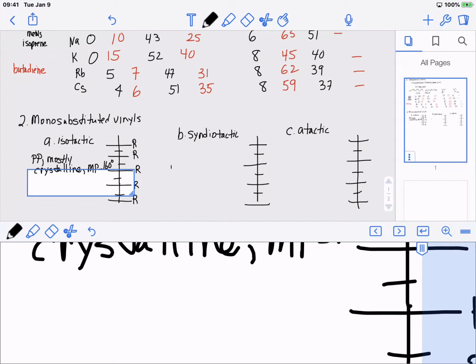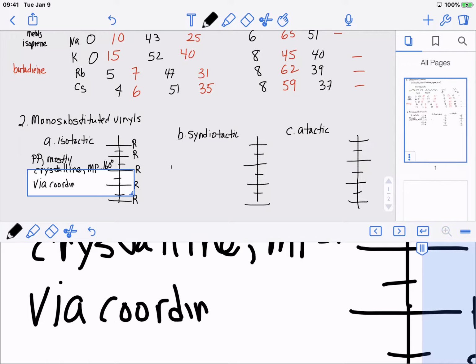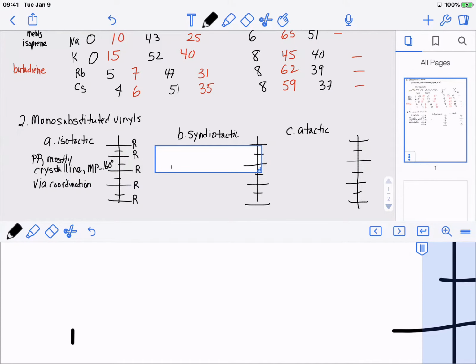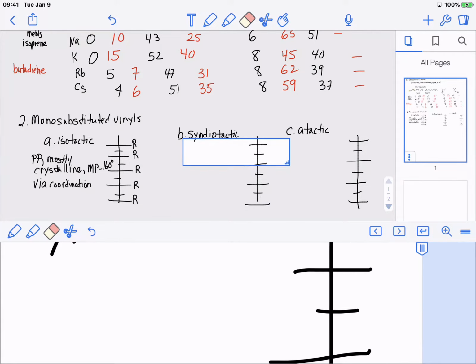And this is likely to be something you could do via some kind of coordination reaction. Syndiotactic, there we have the R's on different sides.